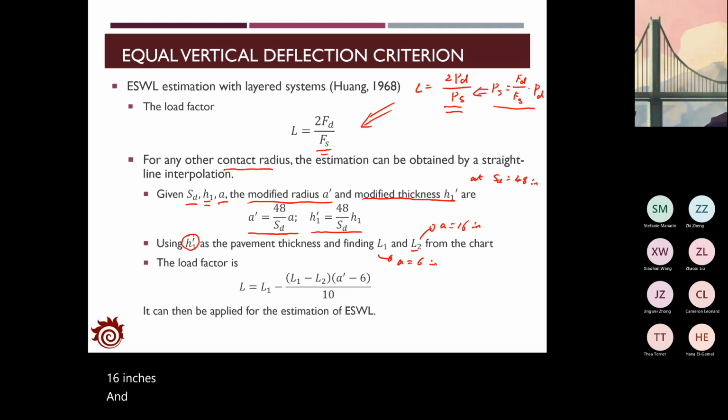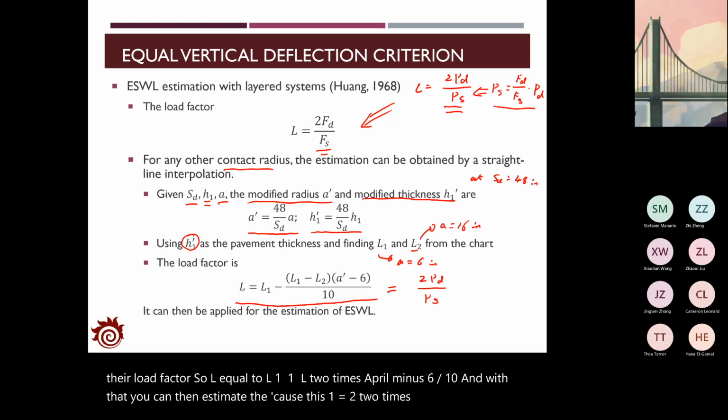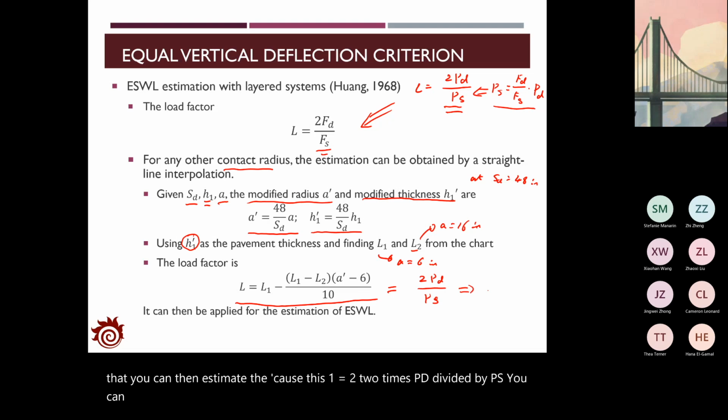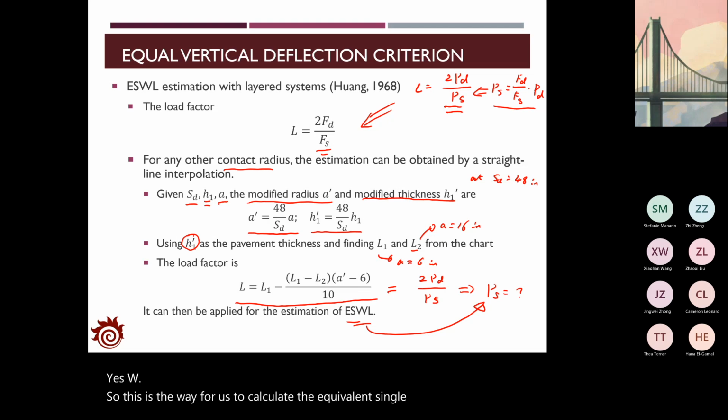Once you have L1 and L2, you can find the load factor: L equals L1 minus L2 times A prime minus 6 divided by 10. Because this equals 2 times PD divided by PS, you can then find the value of PS, which is the ESWL.